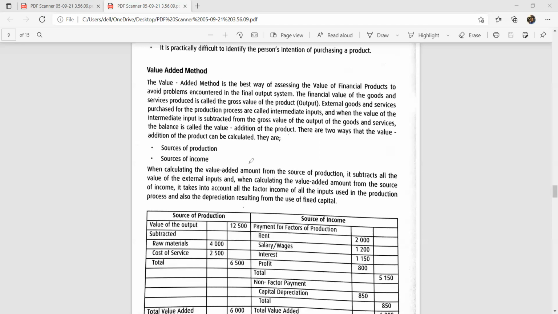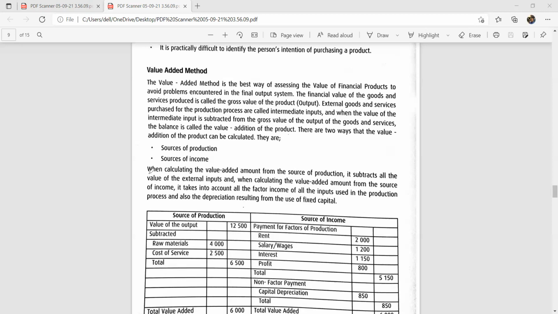Income sources: all factor income, like compensation of employees, wages, interest, profit, dividend, depreciation, and everything should be added together to calculate value added under income sources.